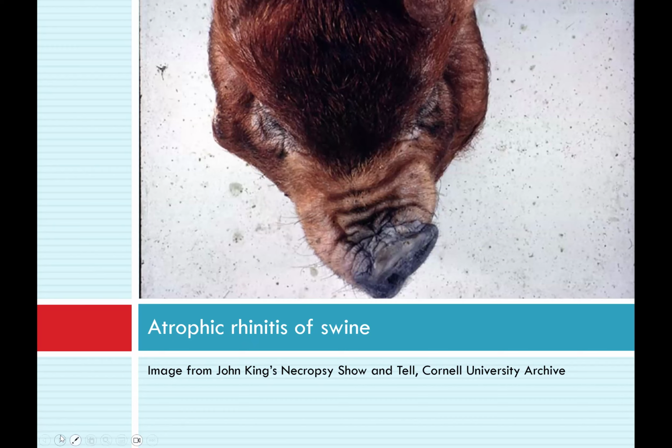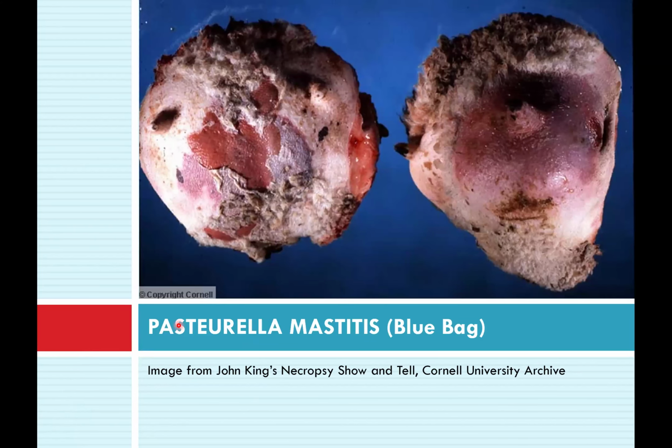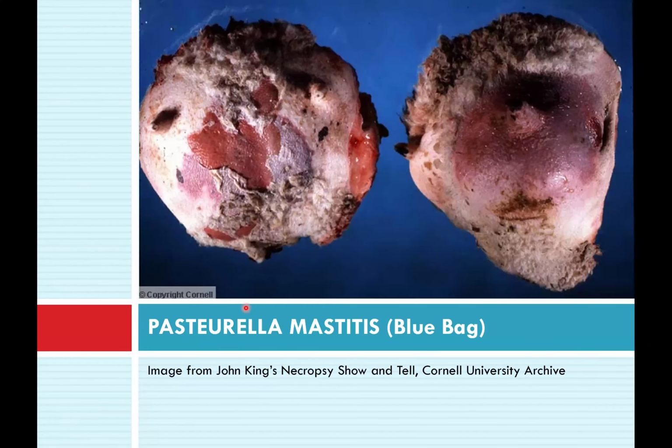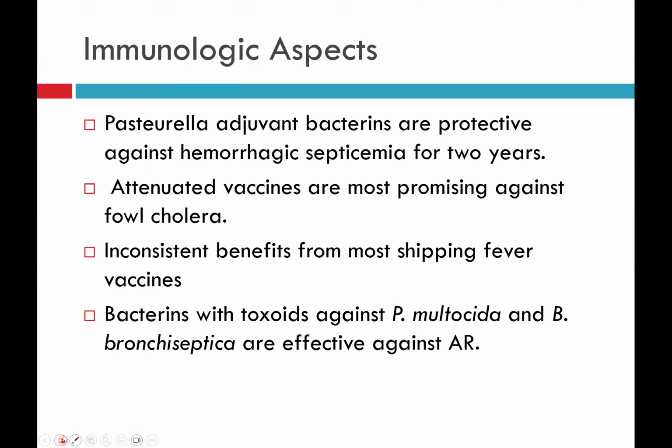And this is because of the osteolytic toxin produced by Pasteurella. And please take note that in atrophic rhinitis, Pasteurella multocida is only one of the bacteria. There's another bacteria involved, which we'll discuss later. And then this is blue bag. So this is mastitis in sheep, also caused by Pasteurella multocida.